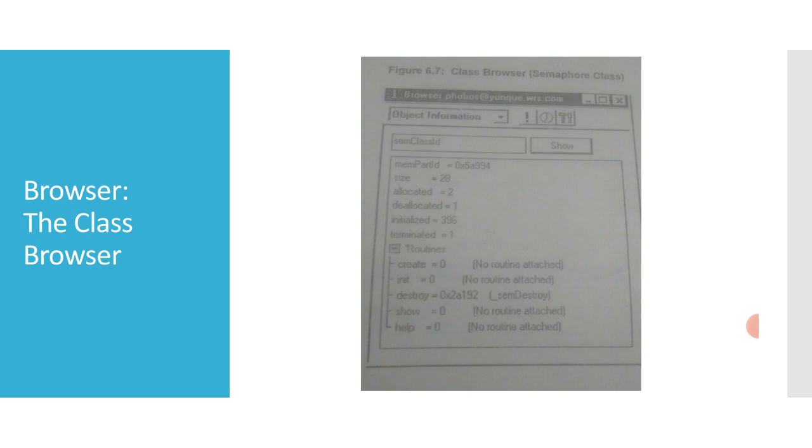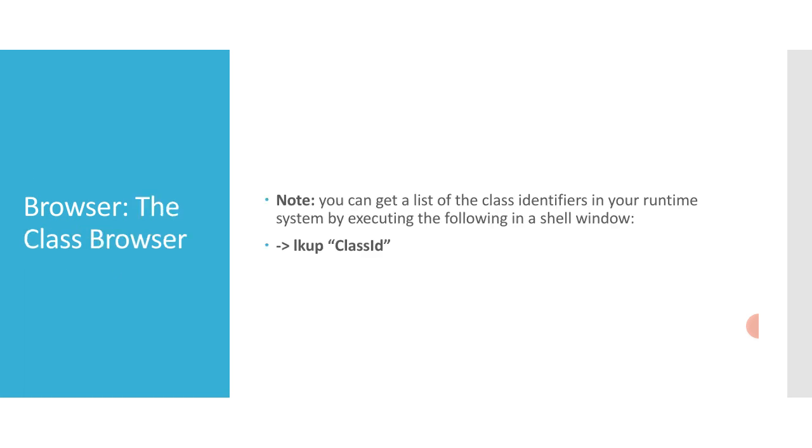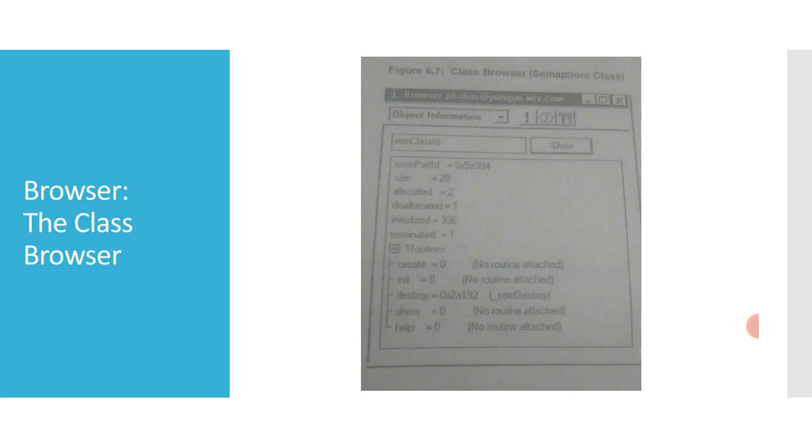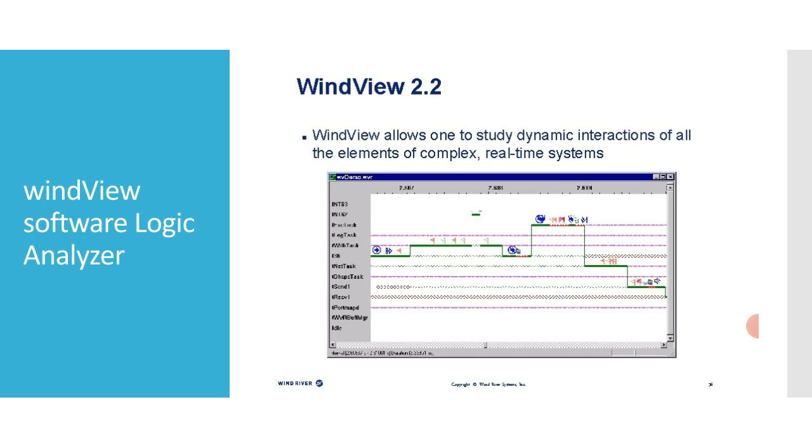You can get a list of class identifiers in your runtime system by executing the following in the shell window, that is lkup classId. If you do this, you get it. Then we will see the Tornado WinView software logic analyzer for real-time software.